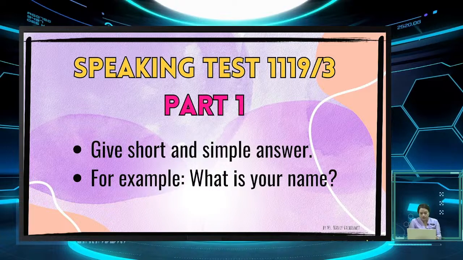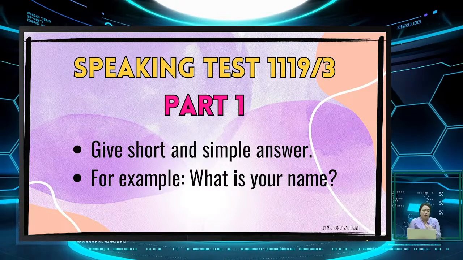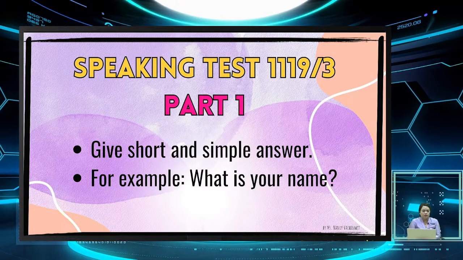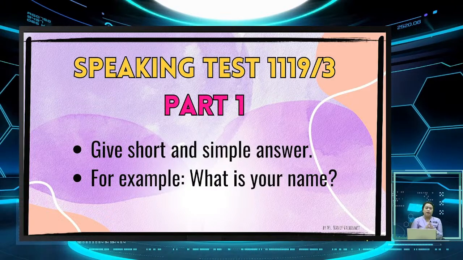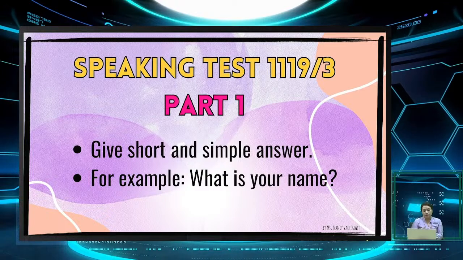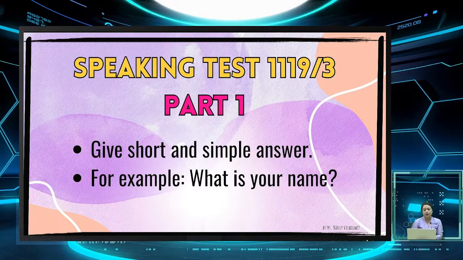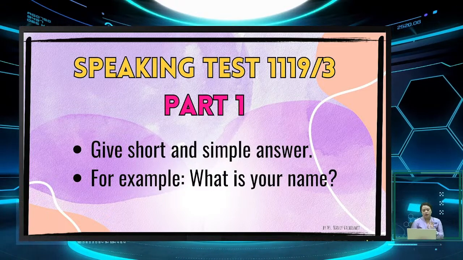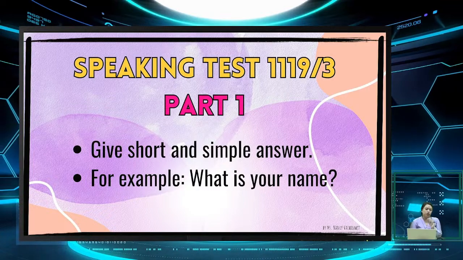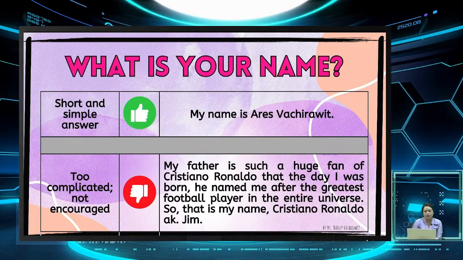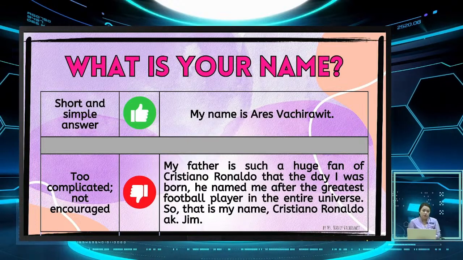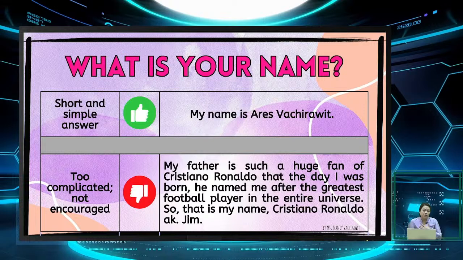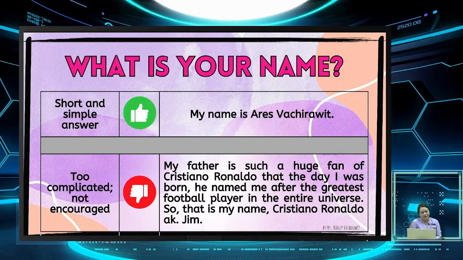Okay, so we go through the first part, part 1. In part 1, you have to give a short and simple answer. For example, the first question the interlocutor will ask you is, what is your name? You just have to answer, my name is Ares Vachirawit.